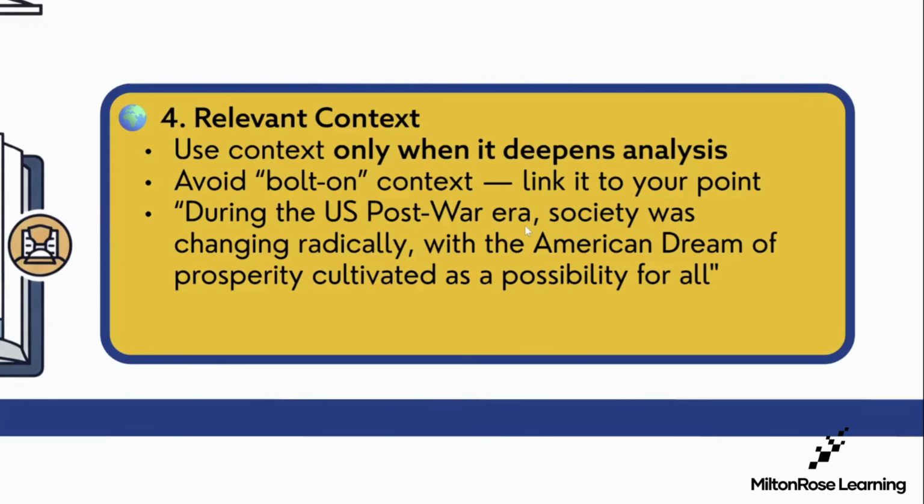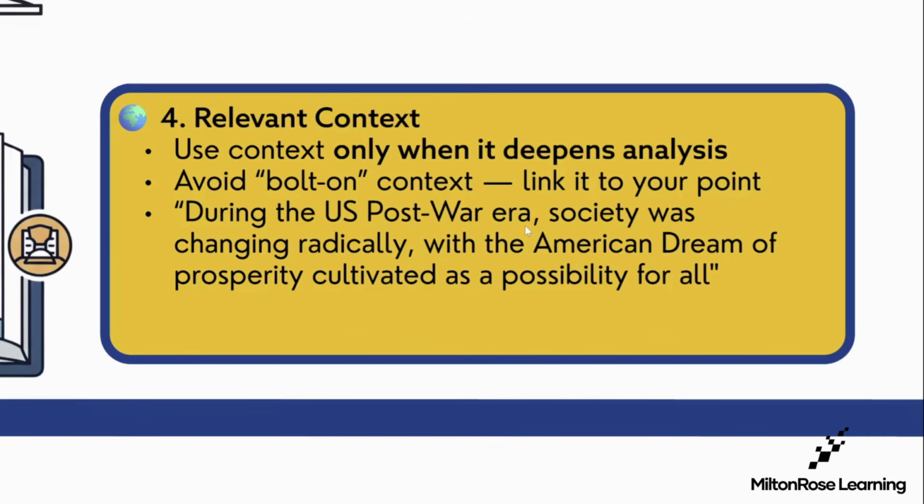So an example of this is, look at what I wrote on the board. During the US post-war era, society was changing radically, with the American dream of prosperity cultivated as a possibility for all. So I've kind of linked it to the play a little bit implicitly, but now what I would do then is add on another line or so, linking it to Willy Loman's life, because he had to deal with these societal changes and he was entranced by the American dream, wasn't he?